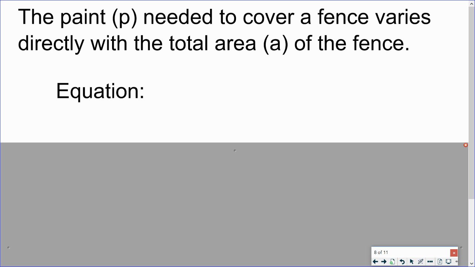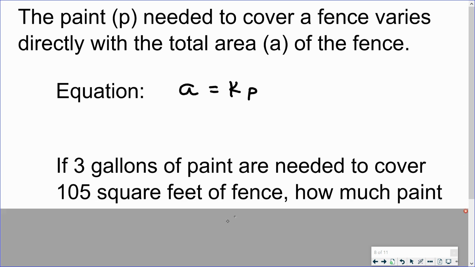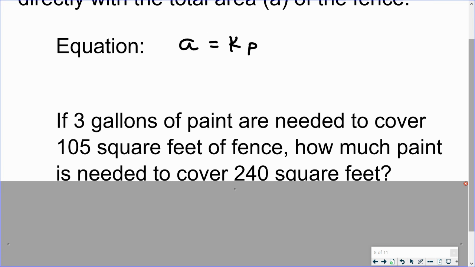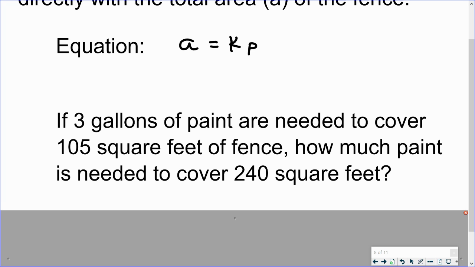Okay, the paint needed to cover a fence varies directly with the area of that fence. So again, I'm following what I got from the last one. Area is equal to k times the amount of paint. If 3 gallons of paint are needed to cover the fence with an area of 105, how many gallons would I need to cover 240?